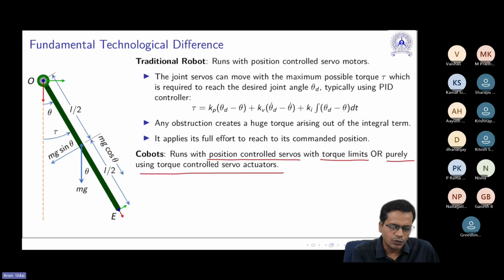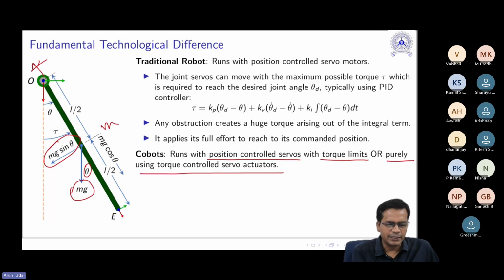Let us say you have a rod of mass m. So what will be the downward force? It will be mg. If it is at any angle theta, you have mg sine theta, which is the driving force. mg cosine theta basically creates a reaction over this joint, right? So that is not going to play any role in moving it.